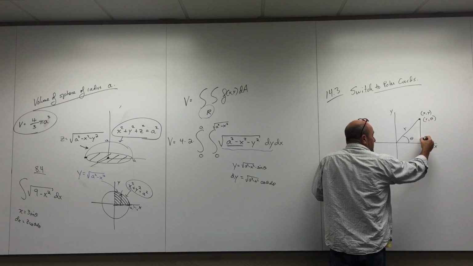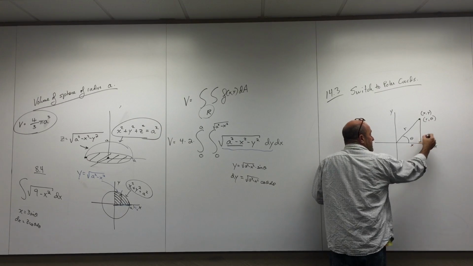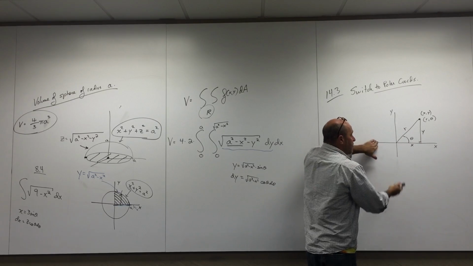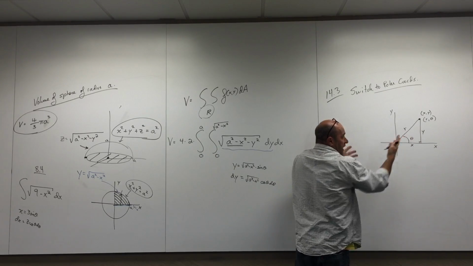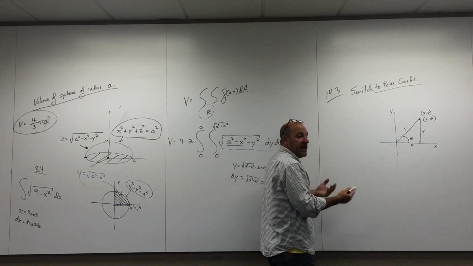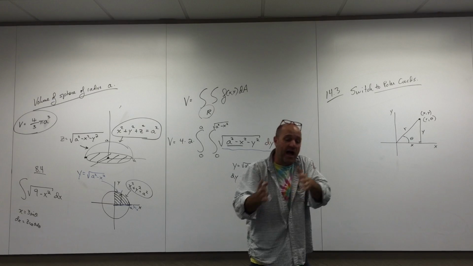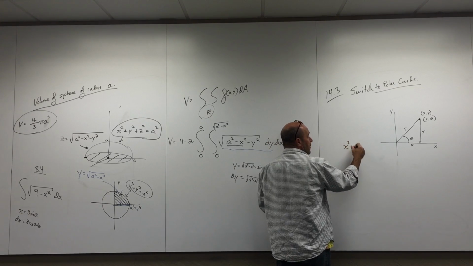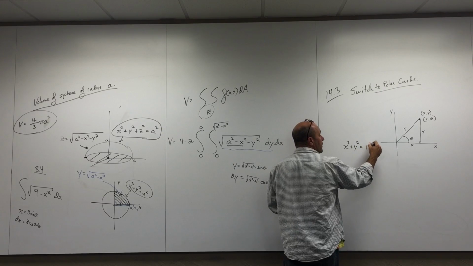What you learn from this picture real quick is that this is x, and this is y, and this is theta, and this is r. So what you see here are some relationships. This is a beautiful right triangle trigonometry. And what falls out of this are some relationships that help you convert from x's and y's into r's and thetas. The classic thing you see first is that x squared plus y squared is r squared.